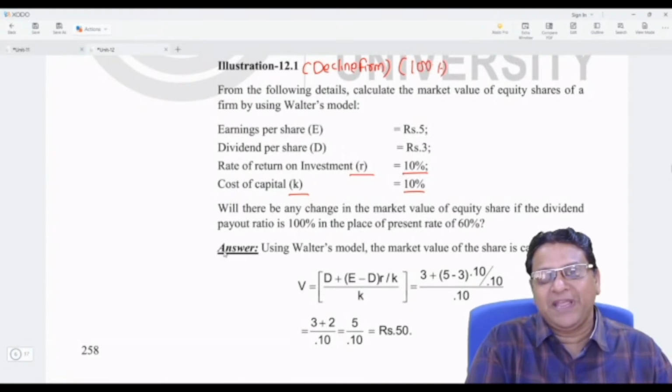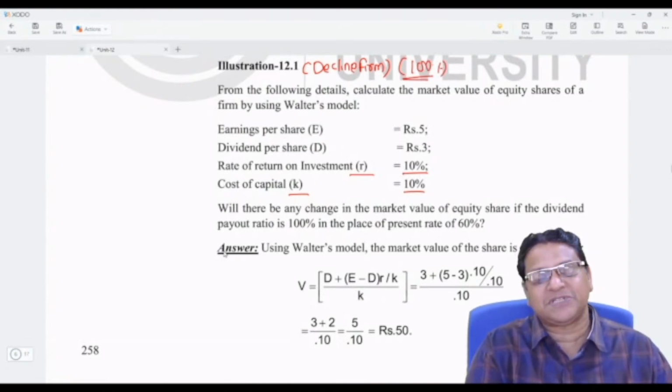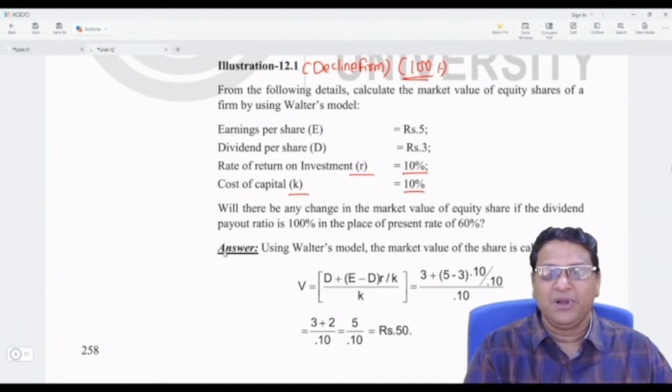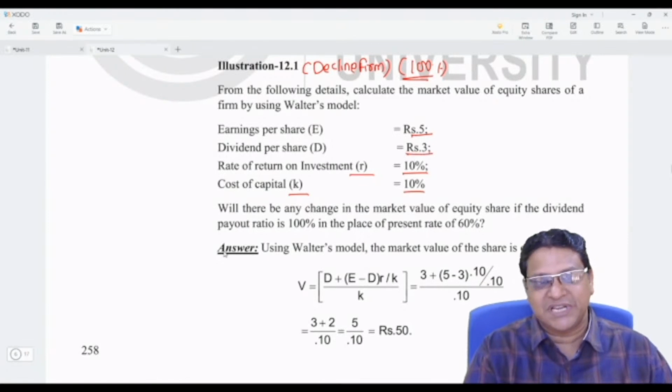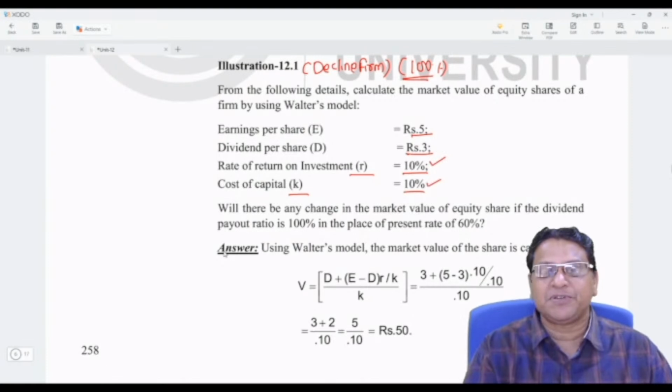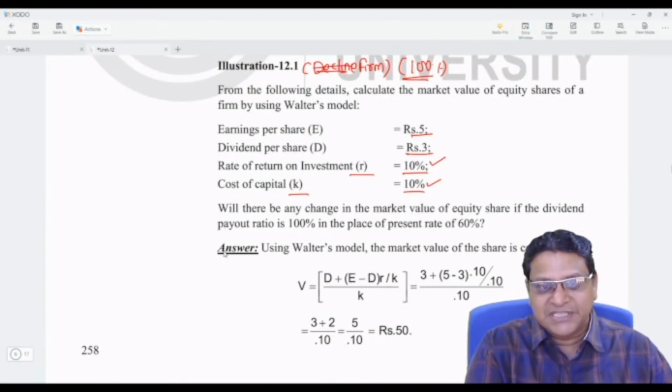If the company pays anything less than 100%, then its value will decline. Let's take an example. Earning per share is 5 and dividend per share is 3. Rate of return is 10% and cost of capital is 10%. It's a normal firm. If both are the same, it's a normal firm.